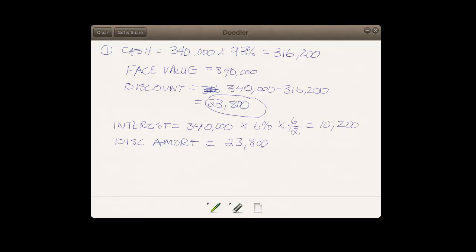And how many interest payment periods do we have? Well, these are 20-year bonds, and we pay interest twice a year. So that means we have 40 interest payments. So we need to amortize the discount 40 times over 20 years. So let's divide that by 40, and we get 595.